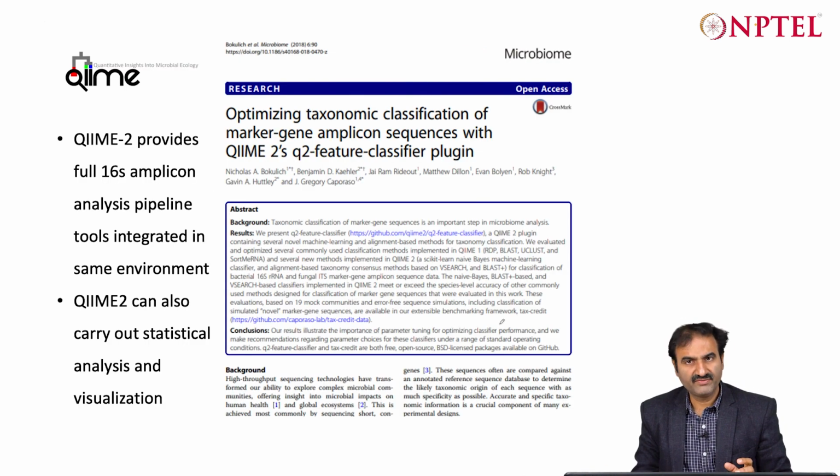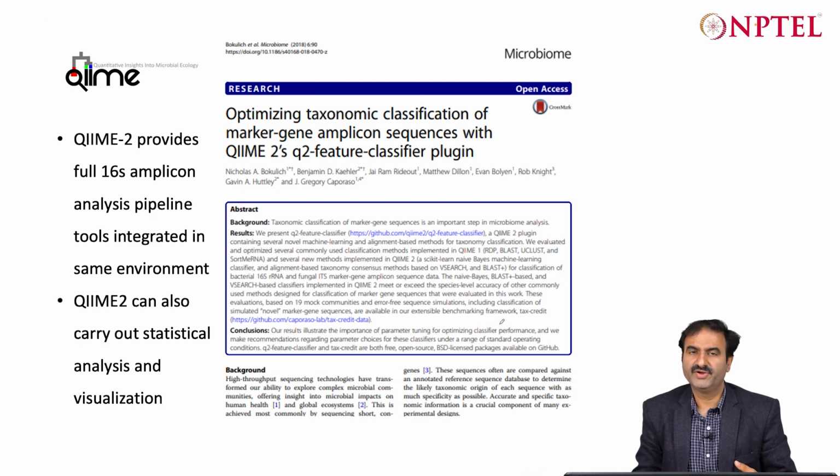So QIIME is one of the pipelines for this, and it is a standard pipeline that has evolved very nicely recently, providing new additions to it. It's a good pipeline for the complete 16S ribosomal RNA based analysis.